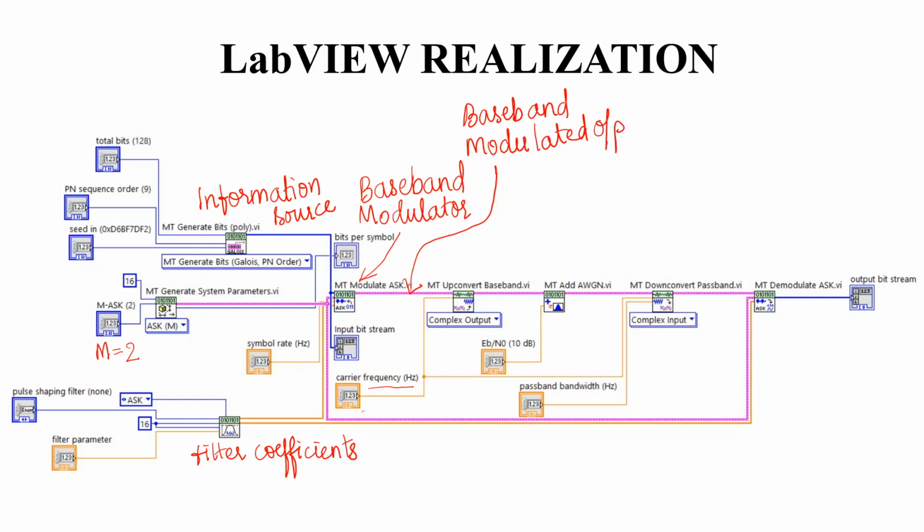Then we have the channel, the AWGN channel, where the control parameter is Eb/N0. We can simulate either a good channel scenario or a bad channel scenario. The next block after the channel is the receiver section.